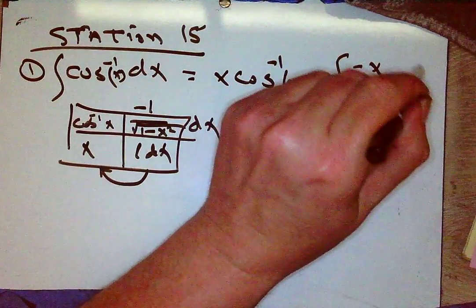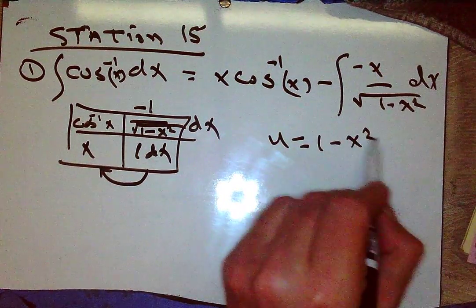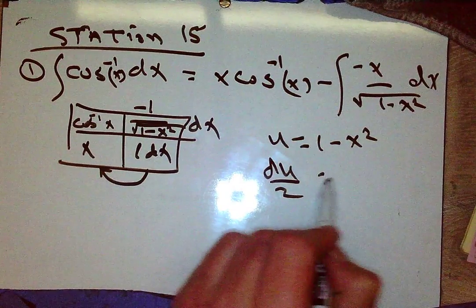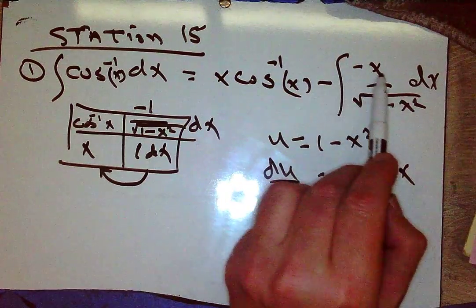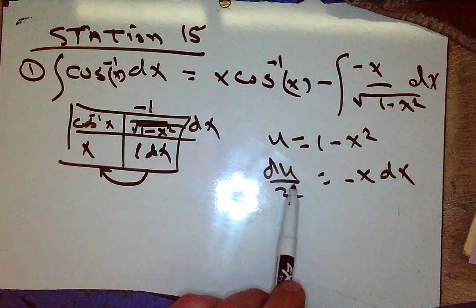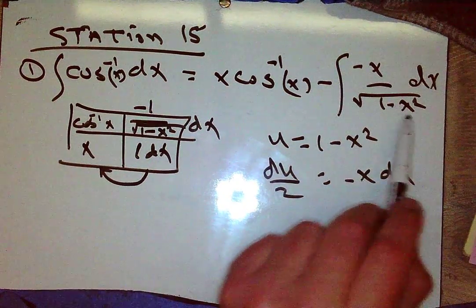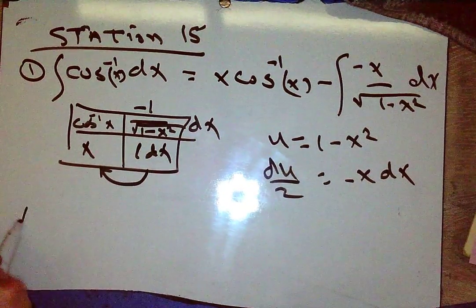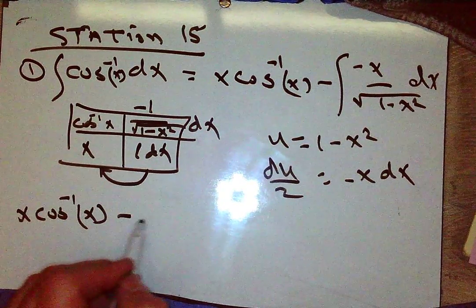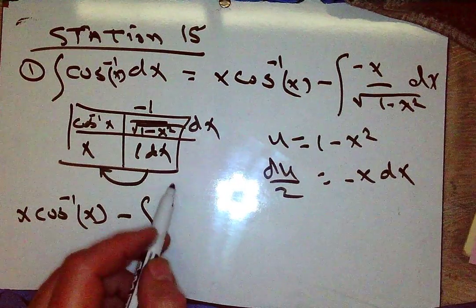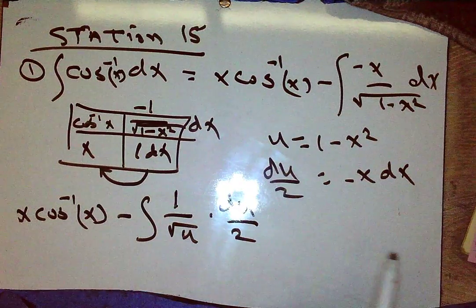Okay, so I want to do u-sub here. That looks good because I have negative x dx. So du over 2 is all that stuff. Now here, 1 minus x squared, we said that was u. So I have x cosine inverse x minus the integral of 1 over square root of u, du over 2.